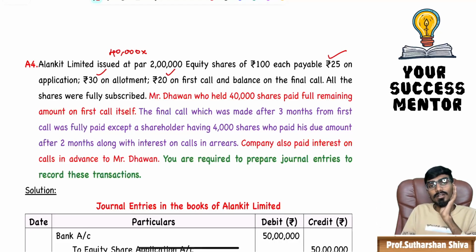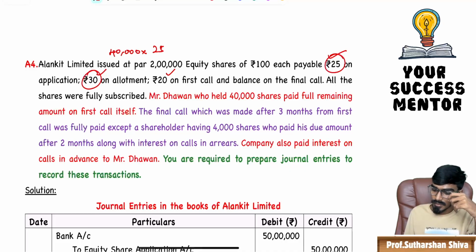Only the final call money is unpaid. So it's only 20, it's not 25. Final call is 25: 25 plus 30 plus 20 is 75, and 100 minus 75 is 25. So the final call money is 25. That money is being paid voluntarily.